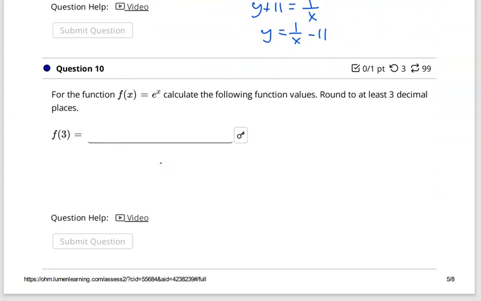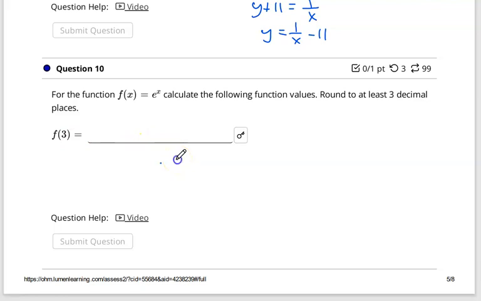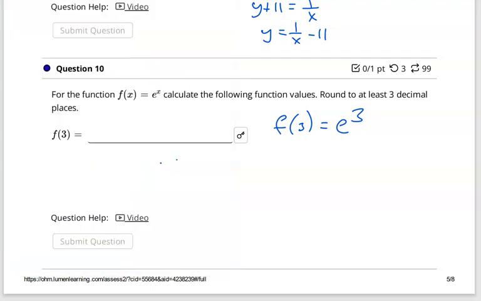Now we're going to have to use our calculator for this one. What's f? f is e to the x. Well, f of 3 is e to the third. The only way to solve that is to use our calculator. So let's bring it up.